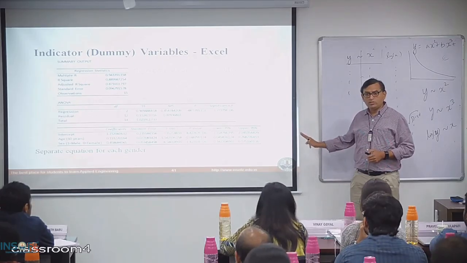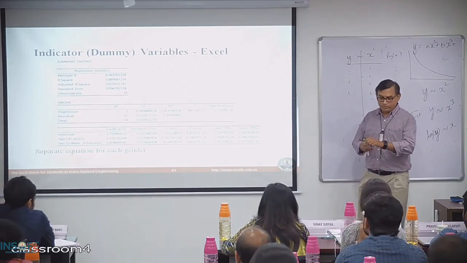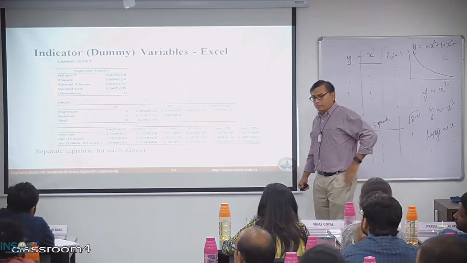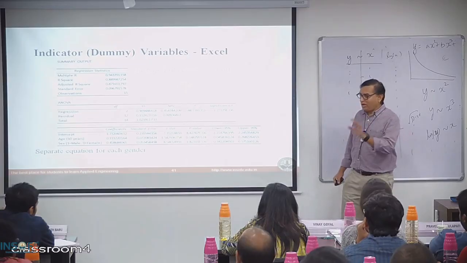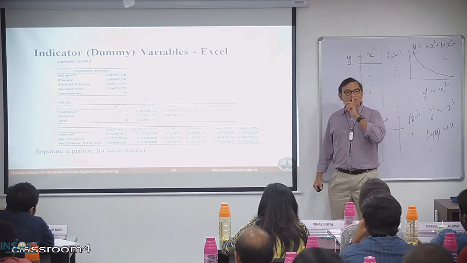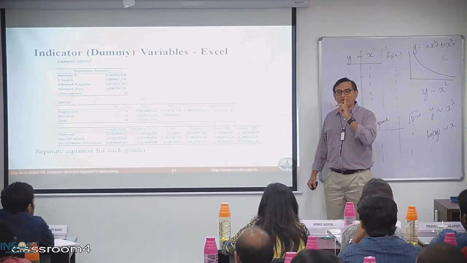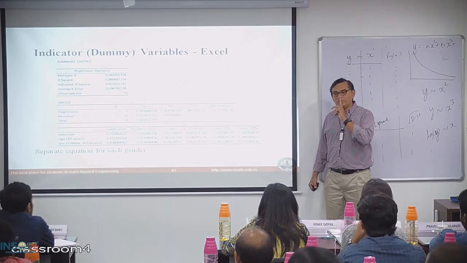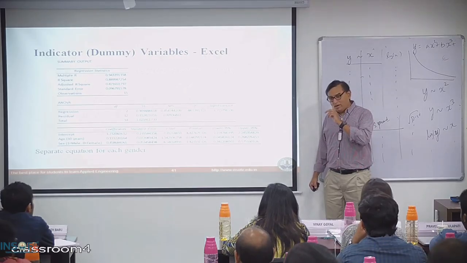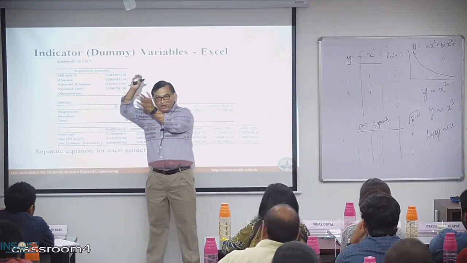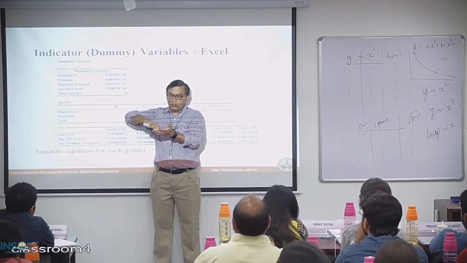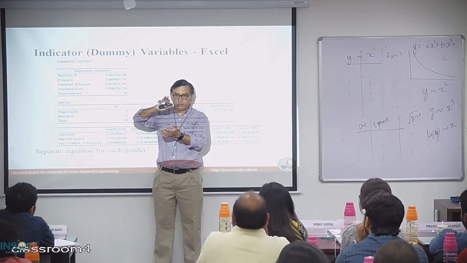Any questions? Yeah. Excellent question. What happens? What do you think will happen? Right. So when you change it in your data set, the ones will be replaced by 0 and zeros will be replaced by 1.